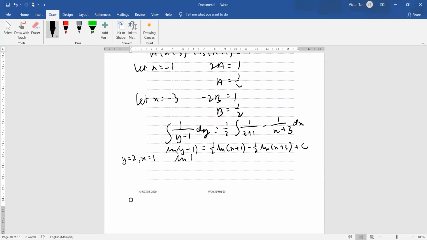So ln 1 would be 0, equals half ln 2 minus half ln 4, plus c. So half ln 2 minus half ln 4 is half ln half. So c equals minus half ln 2.